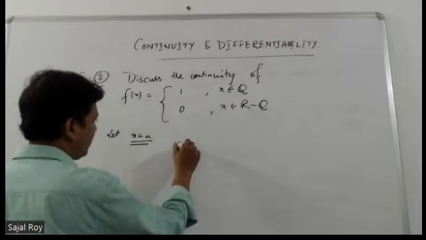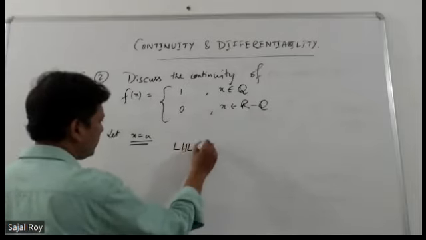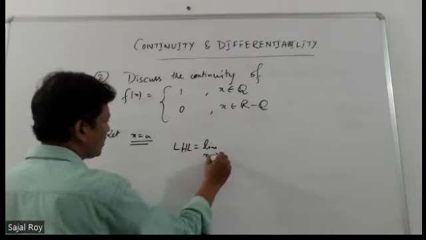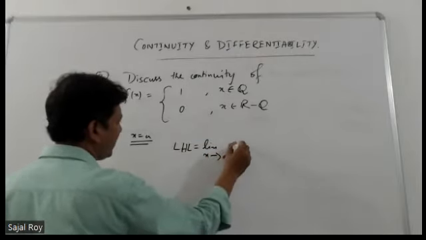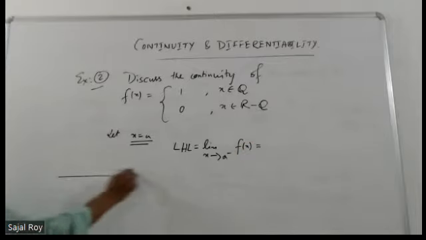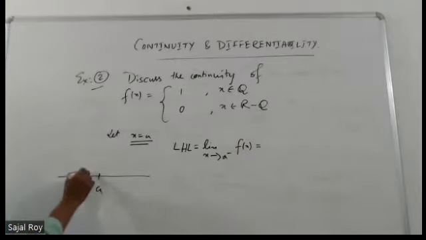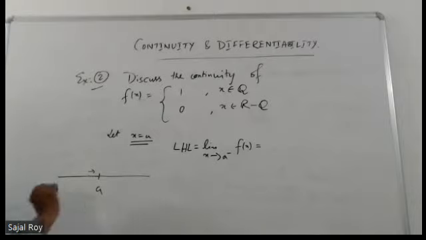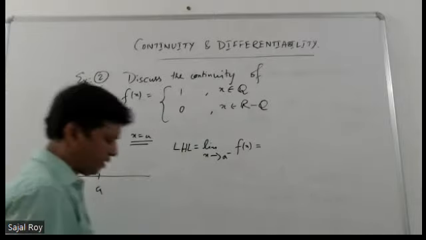Then what is the left hand limit of the function? Let me draw a. You are approaching from the left hand side, taking very small values, very close to a from the left. So what is the left hand limit?